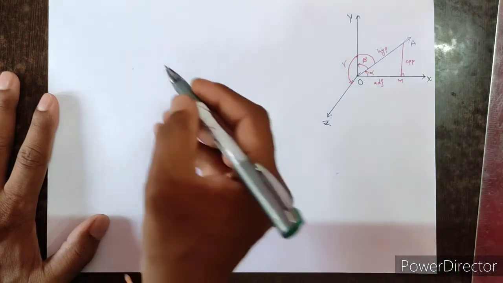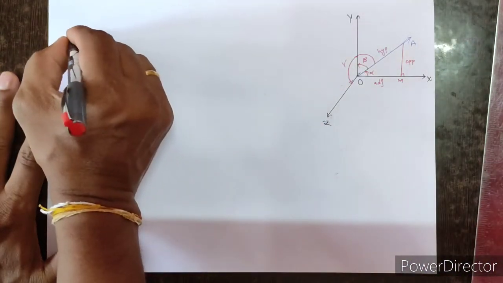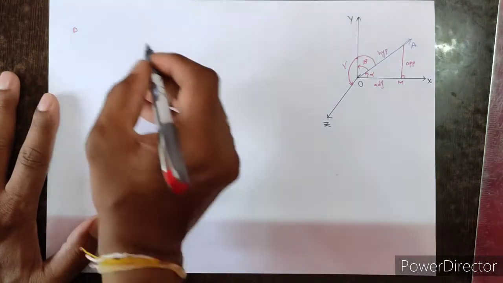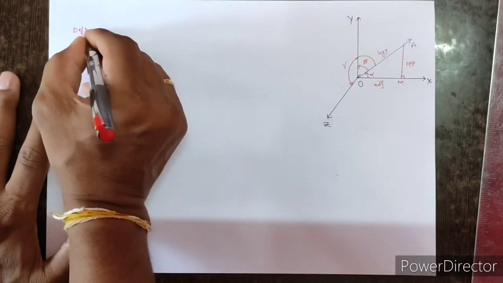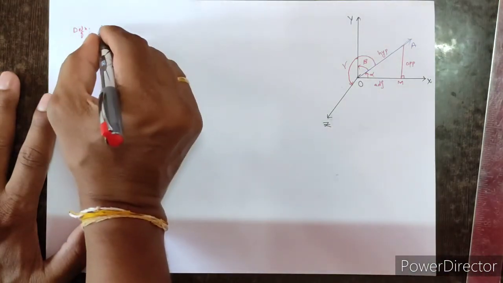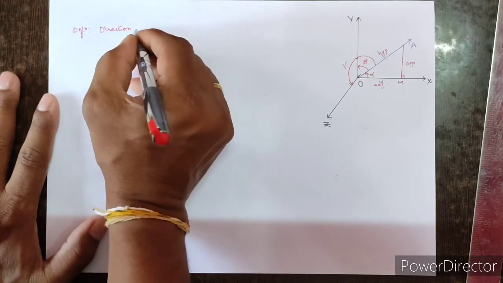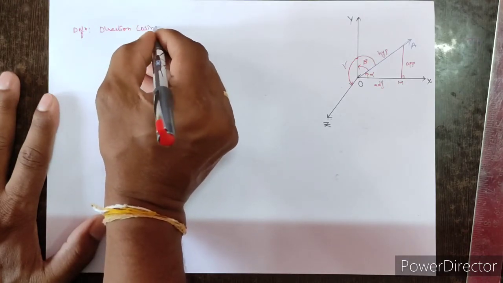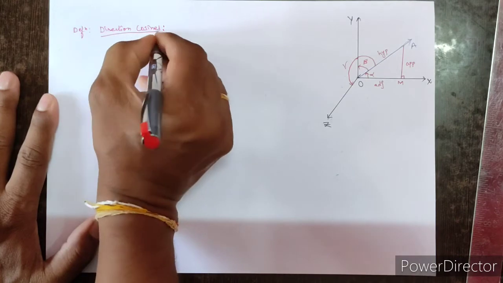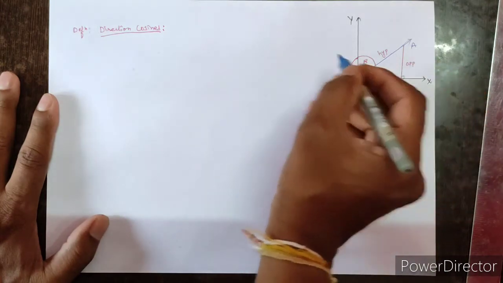What I am saying, direction cosines. What is the definition? What is the definition of direction cosines? Direction cosines is nothing but, see, consider OA ray.